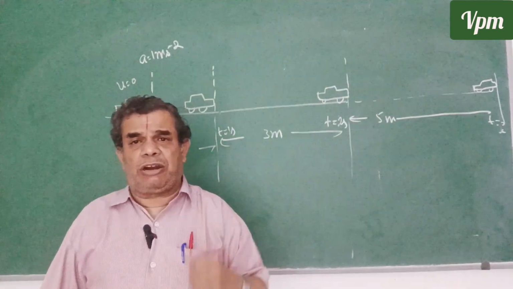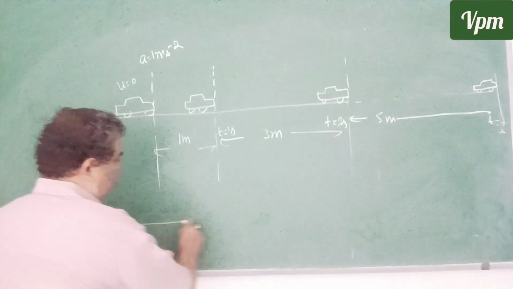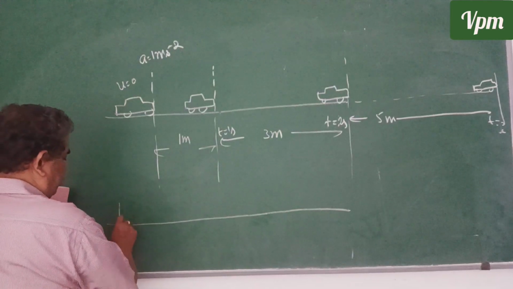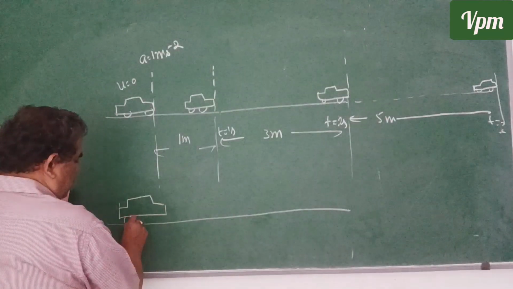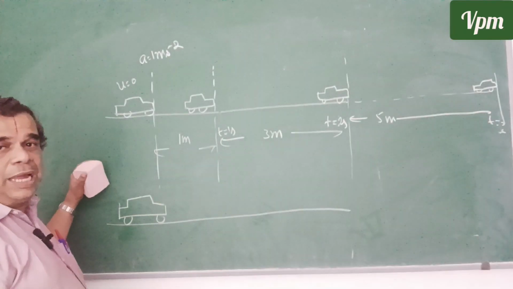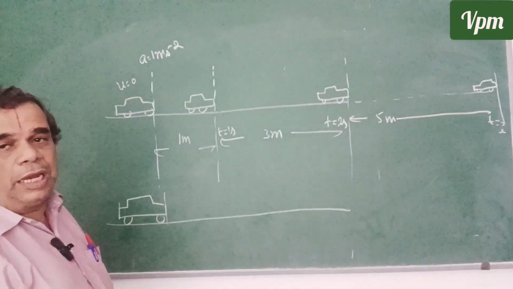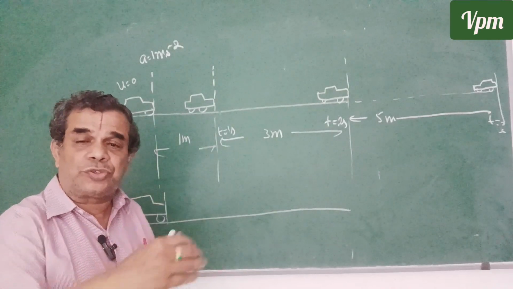Now we'll try for retardation, uniform retardation. I write that. Just observe. The distances covered are smaller and smaller as time elapses, because velocity goes on decreasing till it comes to rest.